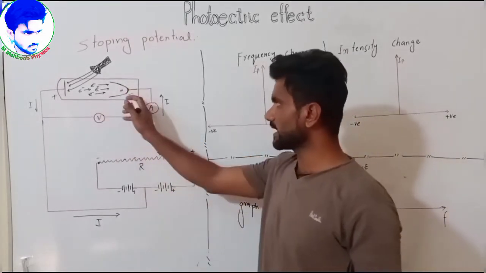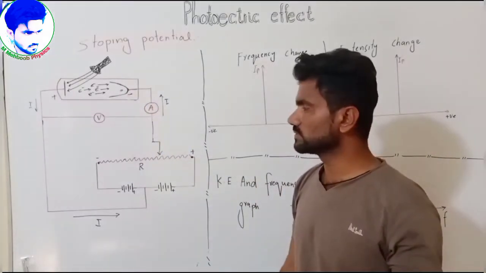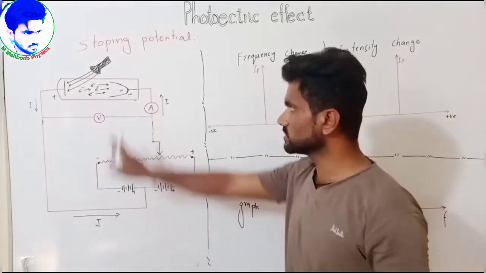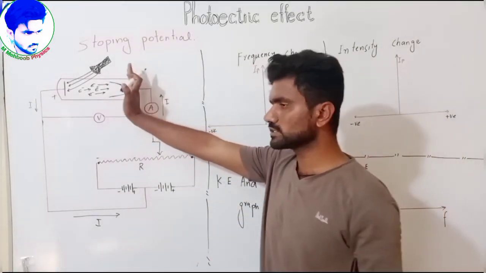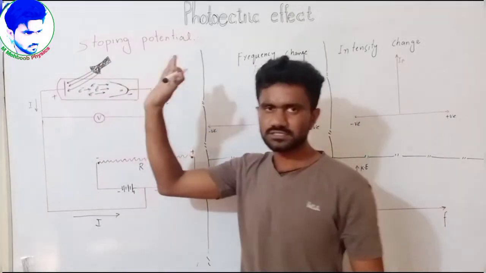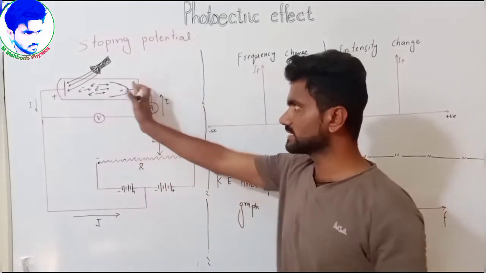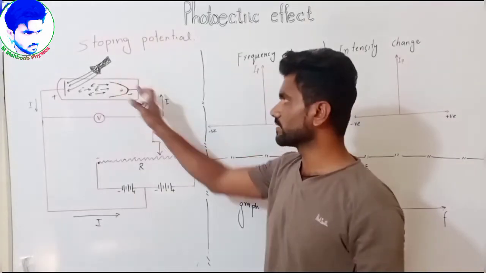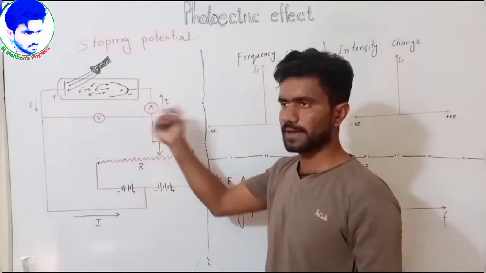Let's suppose the photoelectrons with the smaller kinetic energies reach that point, and then due to this negative plate these electrons bounce back, and some of them, like one or two electrons, still reach that plate and produce the current, giving us the current on the ammeter.